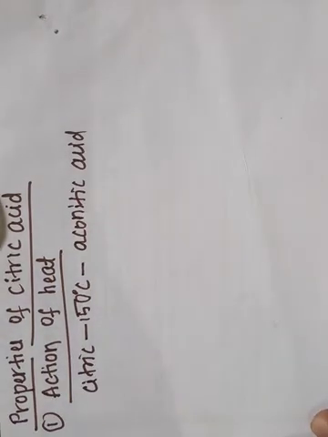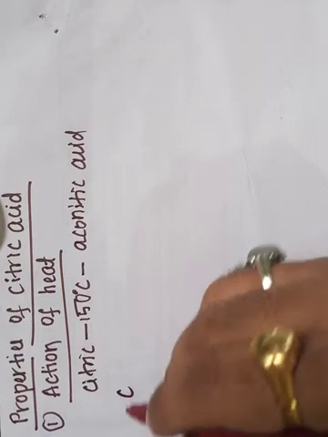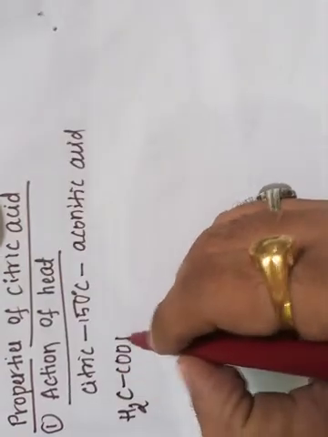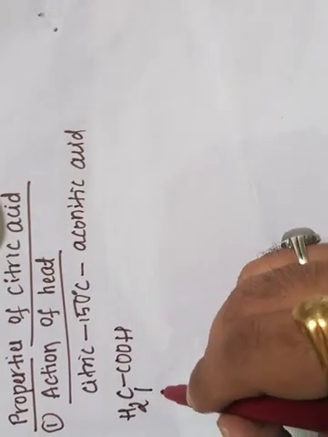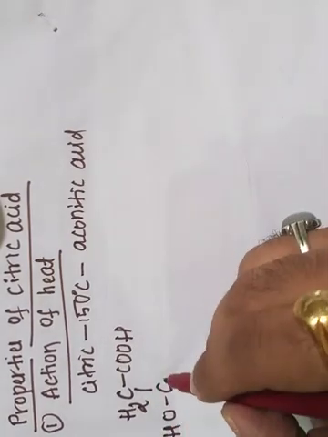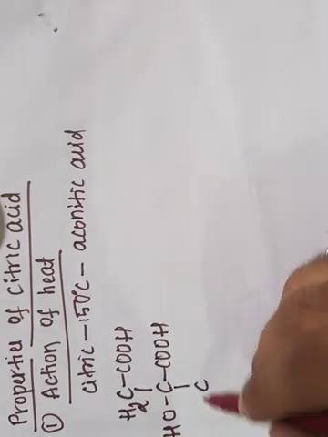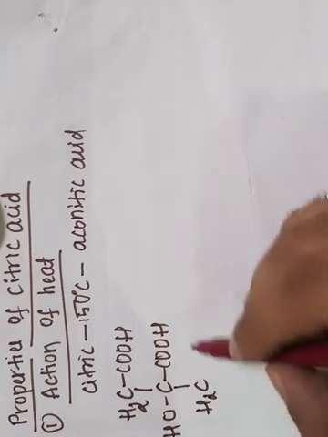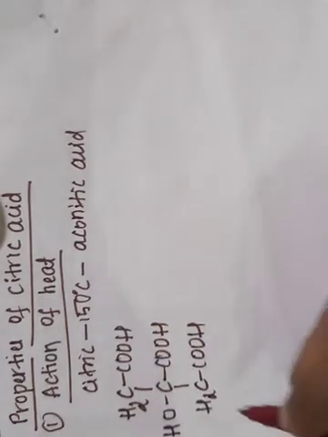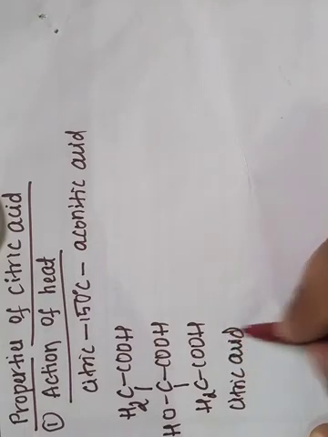Aconitic acid. So let us write its reaction. Let us write the structure of citric acid. It contains three COOH groups along with one hydroxyl group. So this is citric acid.